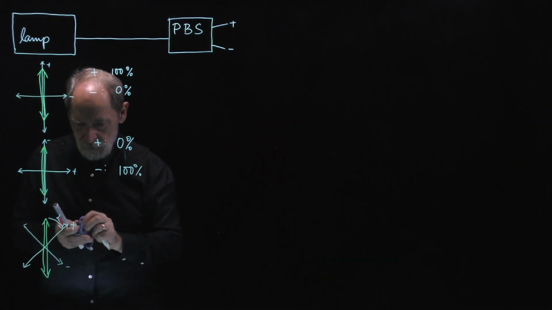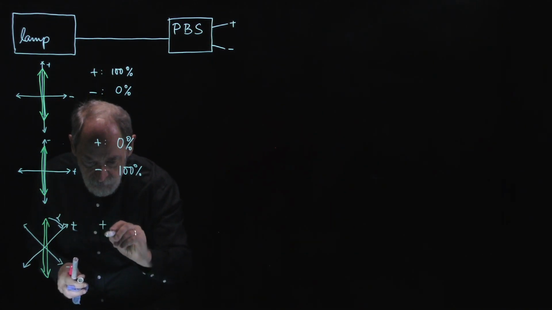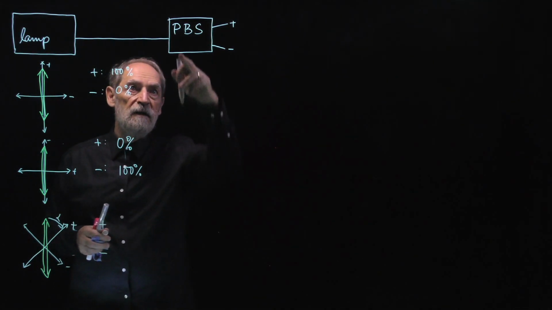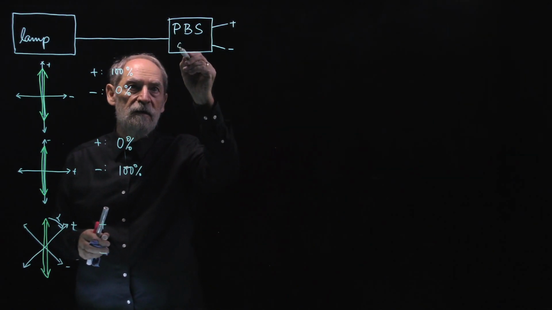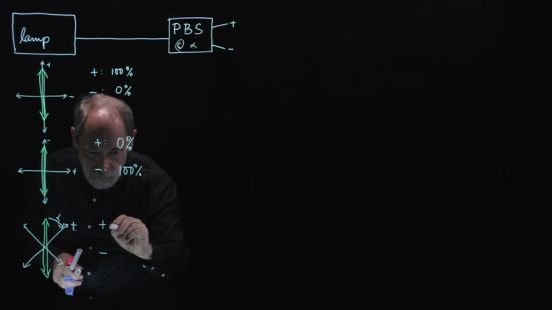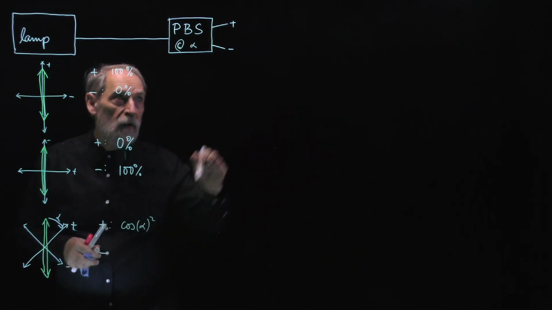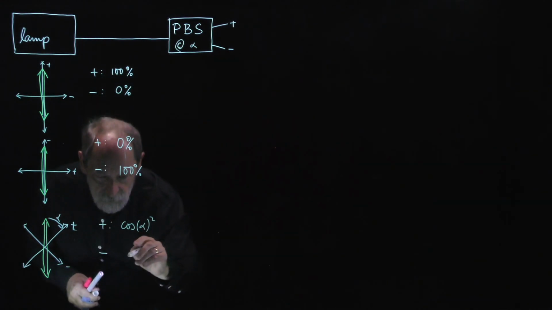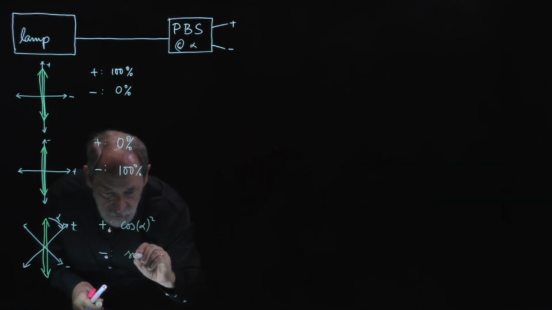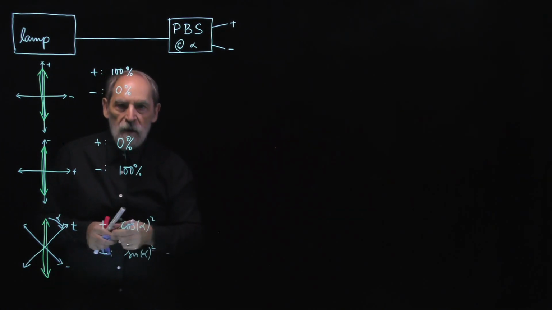The polarization for the minus port is perpendicular to that. If we do the experiment like this, so we set the polarizing beam splitter at an angle alpha, then the fraction of the intensity that goes to the plus side is cosine alpha squared, and the fraction of the intensity that goes to the minus side is sine alpha squared.